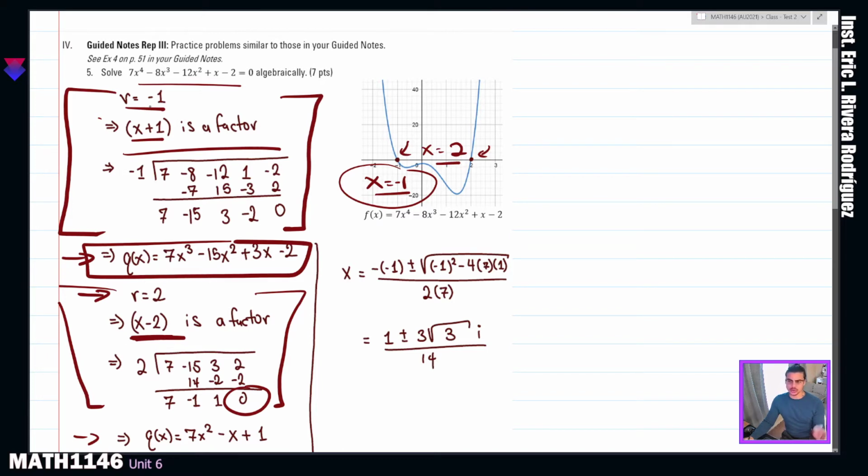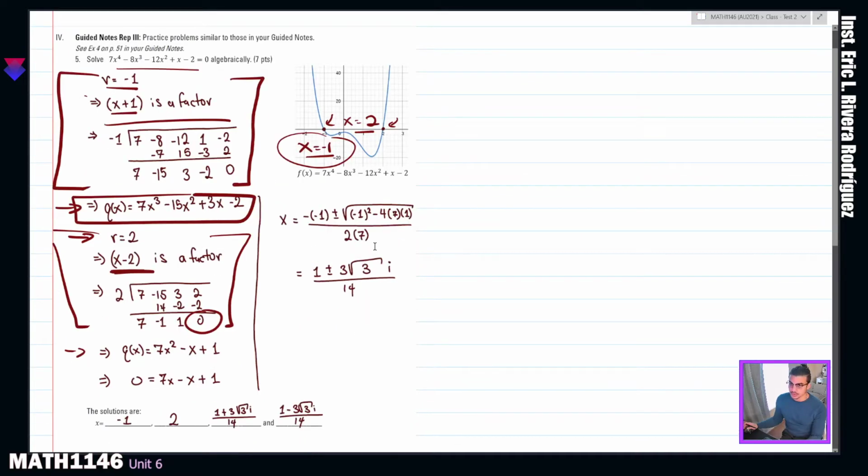A lot of you used -1 as the first 0 and then +2. That's completely okay. But you can also use +2 and then -1, and you will get the same result. So that's what I have for you as a review.